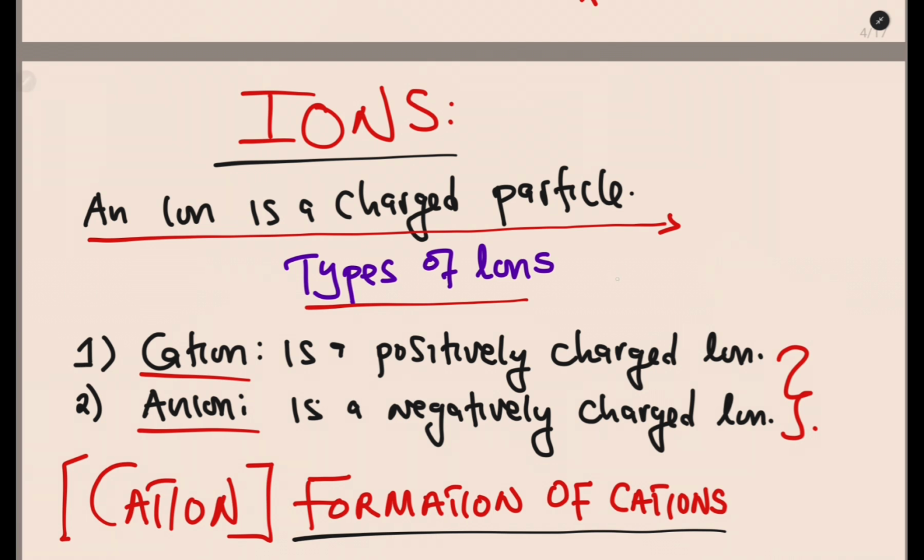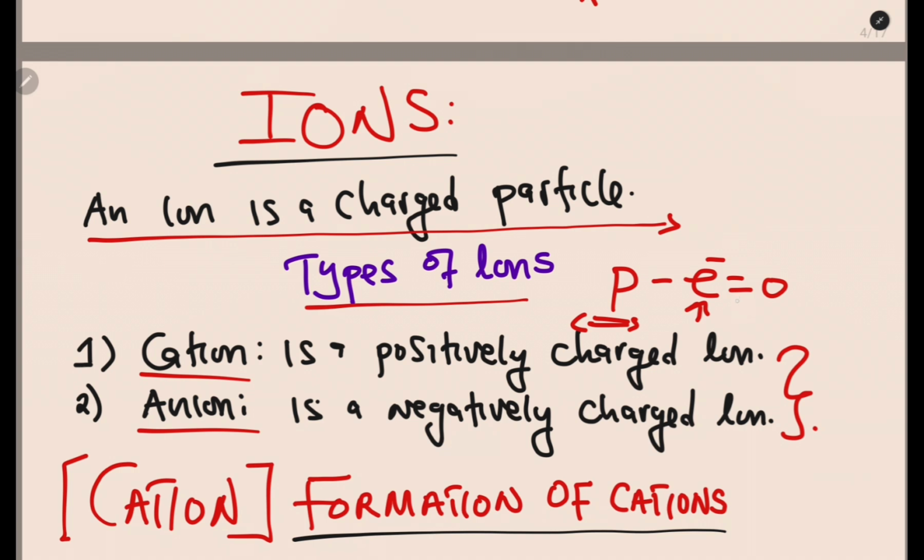For you to know, we said atoms are electrically neutral, which means the number of protons and electrons, if we add them, will give us an overall charge of 0. Now, the protons do not change, but the number of electrons can increase or decrease.